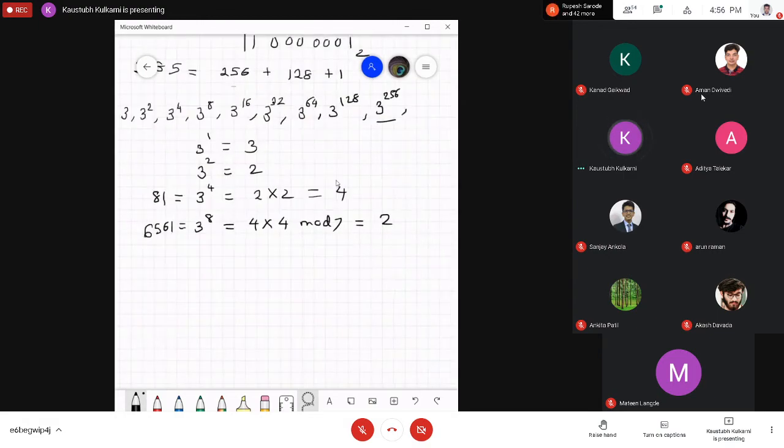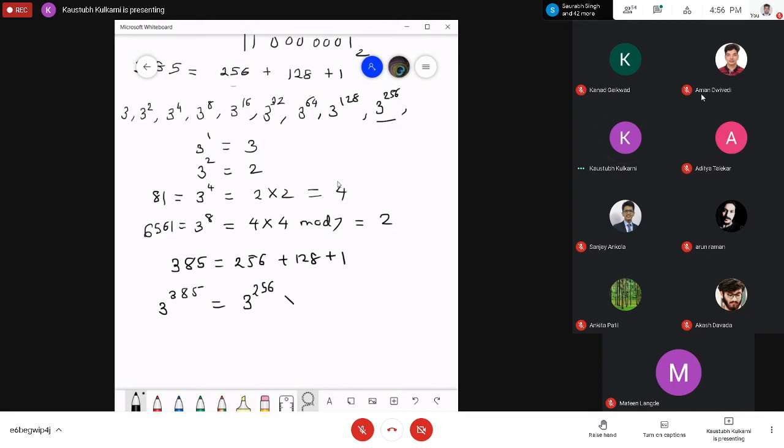I'll write it down again here because it becomes messy. 385 is 256 plus 128 plus 1, which means when I want to calculate 3 raised to 385, it will become 3 raised to 256 into 3 raised to 128 into 3. Right? You get this statement?